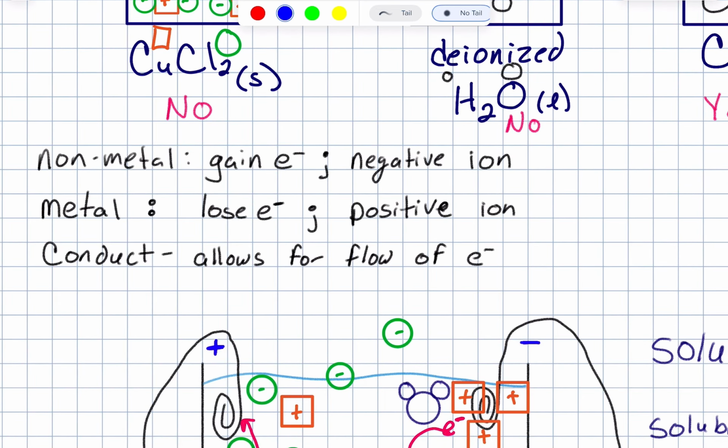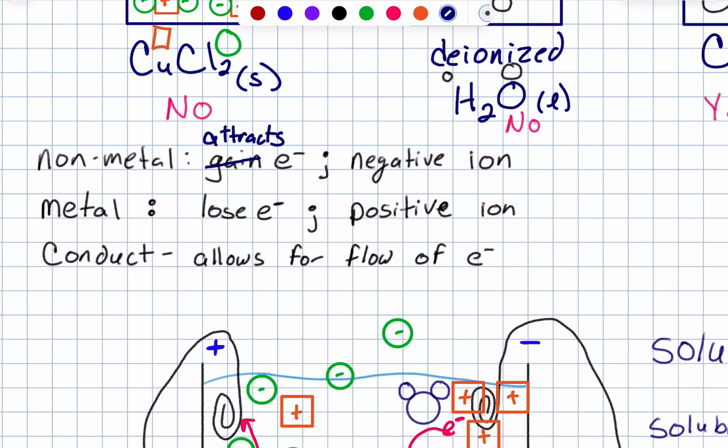And so we went into how a nonmetal gains. And then we said we were actually going to change this to attracts. So our nonmetals attract electrons, and it forms a negative ion because I have more electrons than protons.